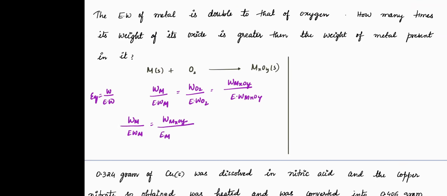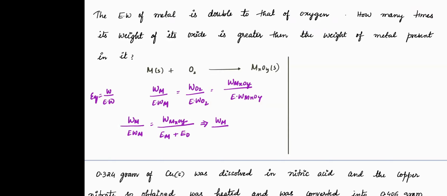And you know that the equivalent weight of metal oxide can be written as equivalent weight of metal plus equivalent weight of oxygen. Now you see, weight of metal divided by equivalent weight of metal, and he said that it is double that of oxygen. You know that oxygen's equivalent weight is fixed, everybody, that is 8.